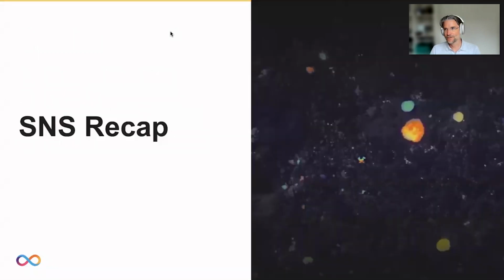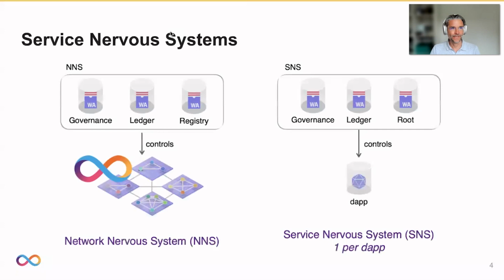So just to start off with a quick recap on the SNS. The SNS builds on what we've learned from building the NNS governance, and brings some of those learnings to the management of applications as opposed to running the IC.